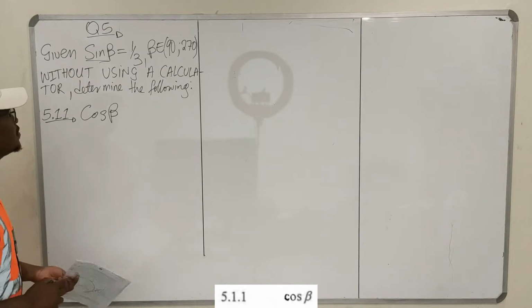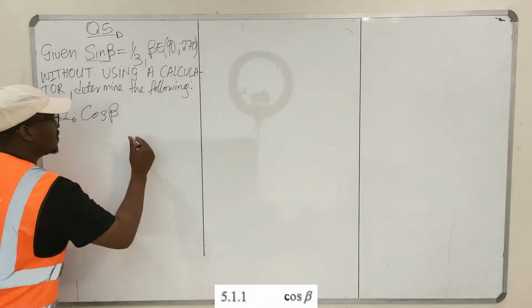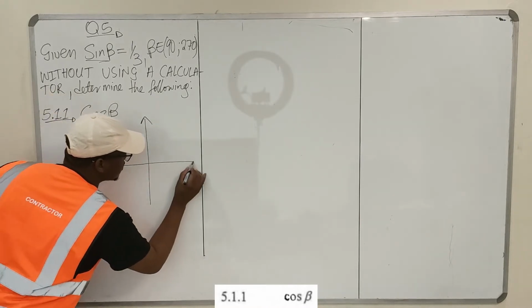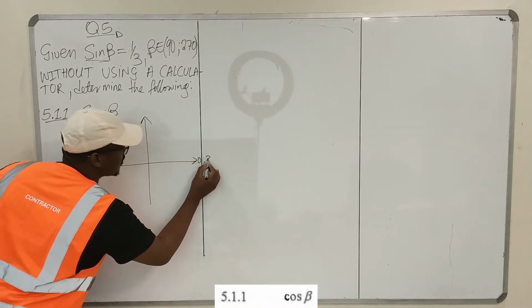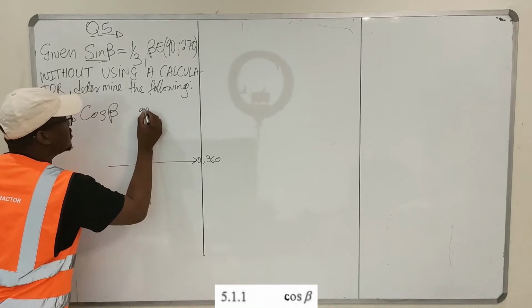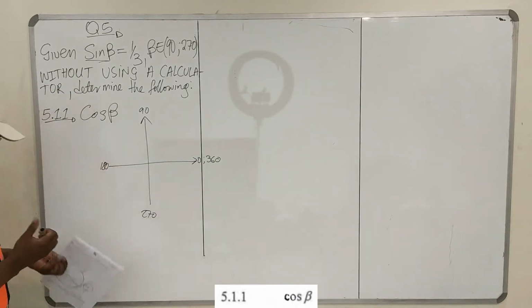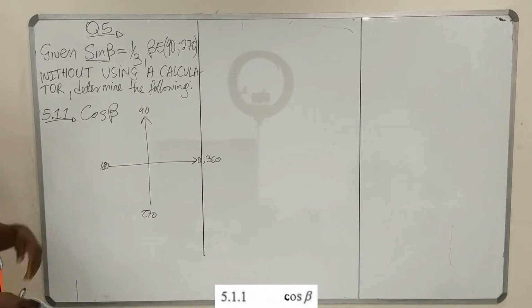So you need to draw some sort of a rough sketch like this. Draw the rough sketch of the situation. So you have 0, 90, 180, 270, 360. No problem.